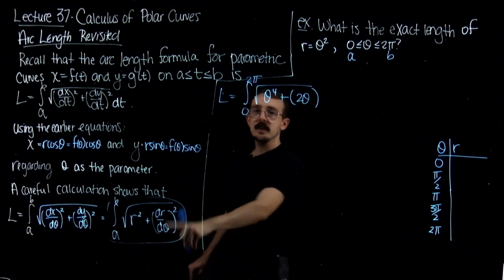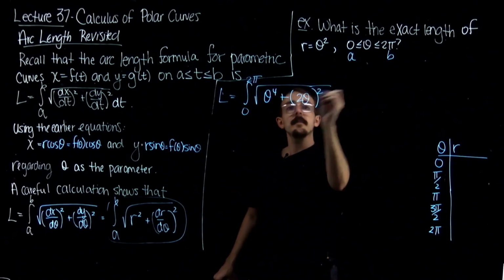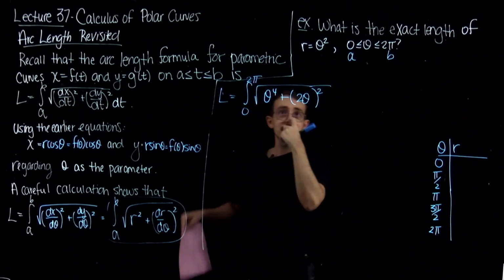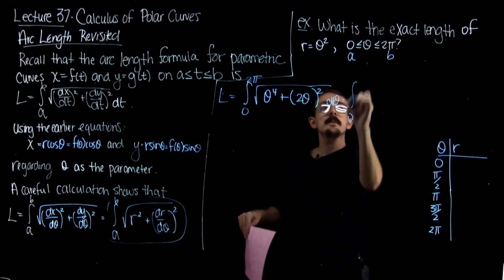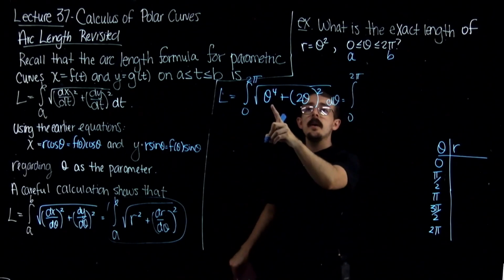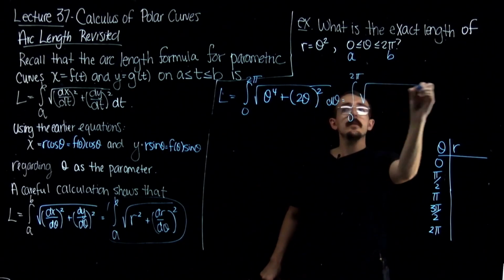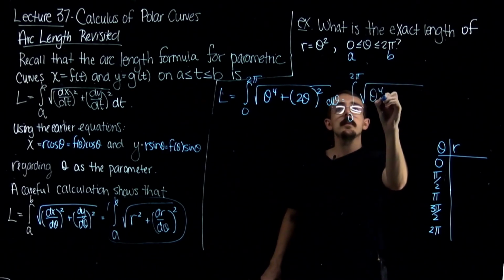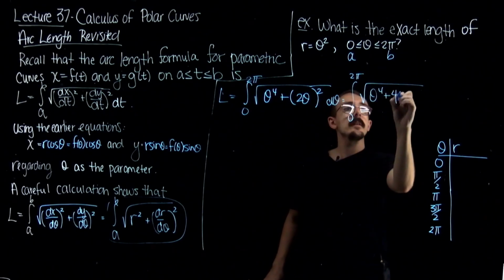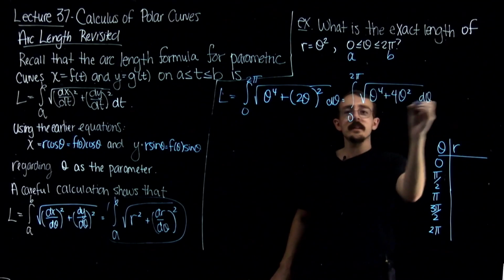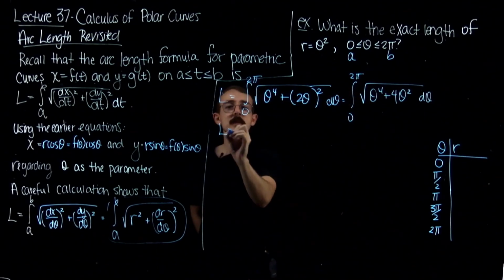That gets plugged in for dr d theta, and I need to square that, because that's part of the formula as well. So I have the integral from 0 to 2 pi of the square root of theta to the 4th plus 4 theta squared, d theta, and this is equal to L.